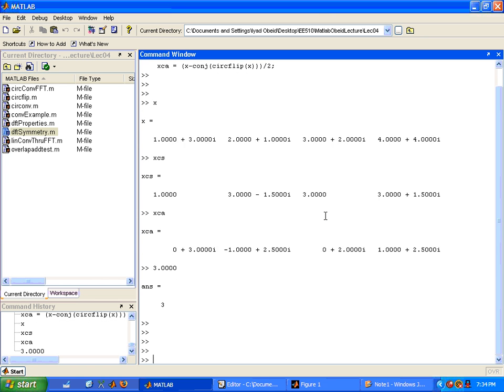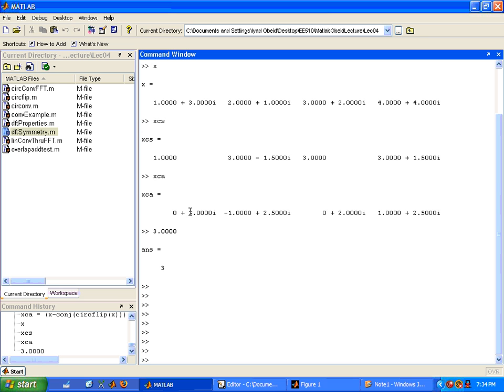And we can do the same thing for the conjugate antisymmetric portion. The first number is 3i. That's the 0th element. Now we have the 1 element and the negative 1 element, and those are conjugate antisymmetric, which means it's the negative of the conjugate. Is that right?